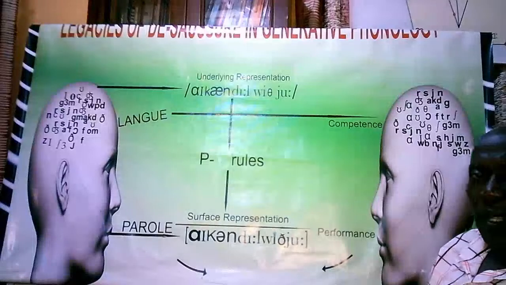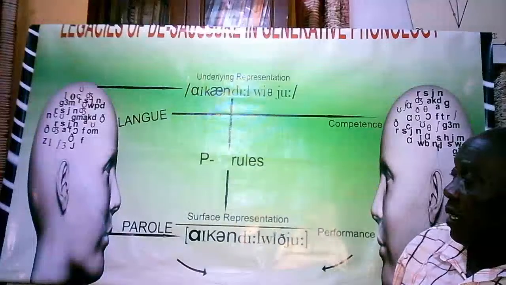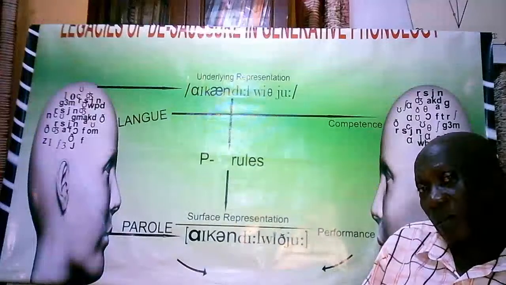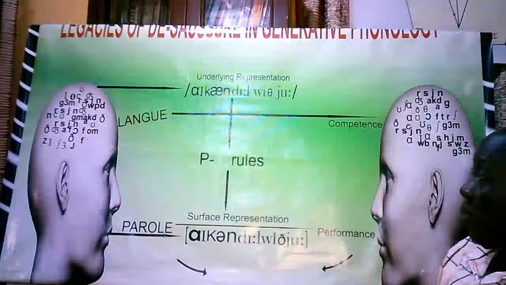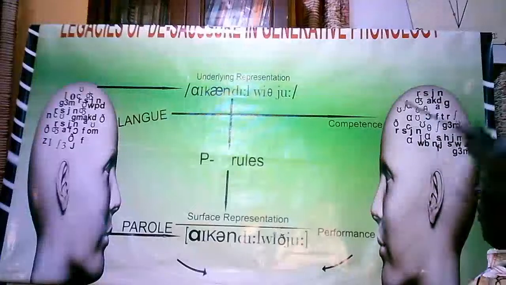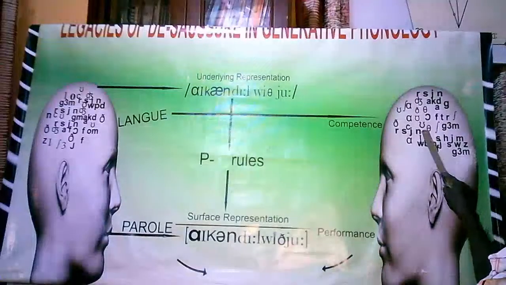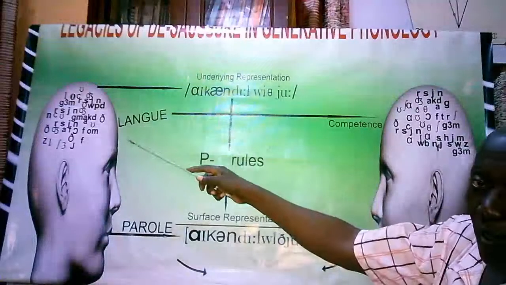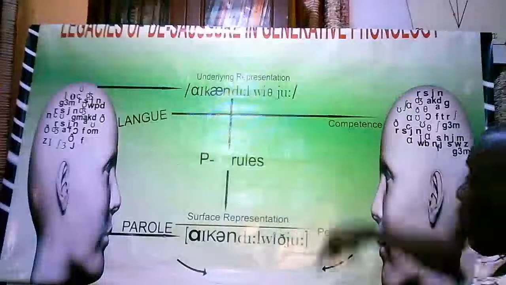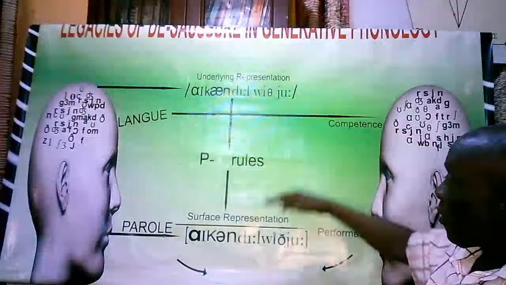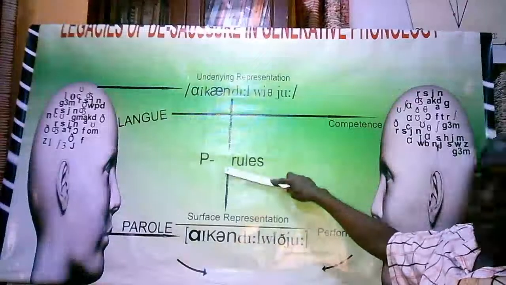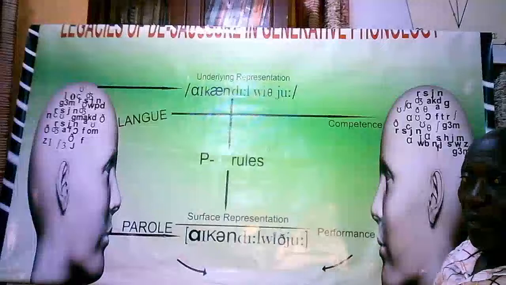We are going to account for that and many other things in this course. So please address your mind to the fact that inside the mind, you have your phonemes. At the point of production, your phonemes pass through the phonological rule before they are finally produced.